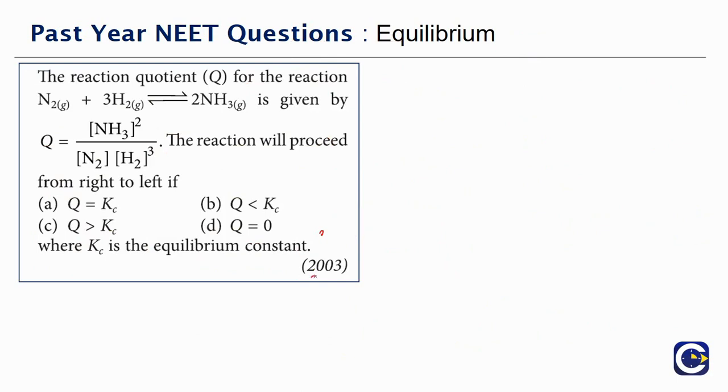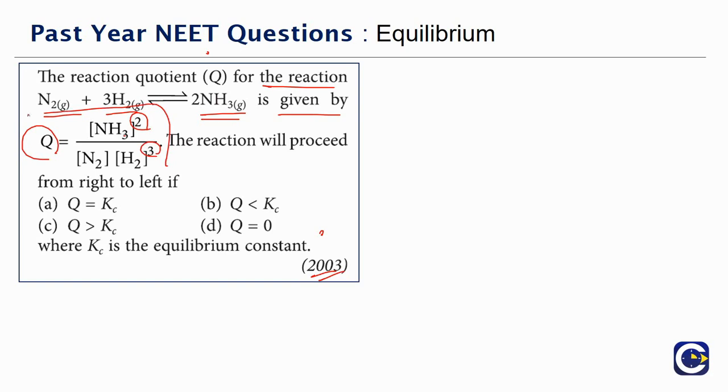Next we have a question from 2003. This is based on the significance of reaction quotient Q. So the reaction quotient Q for the reaction N2 plus 3H2 gives rise to 2NH3 is given by Q equal to ammonia concentration power 2 divided by nitrogen concentration into hydrogen concentration power 3.